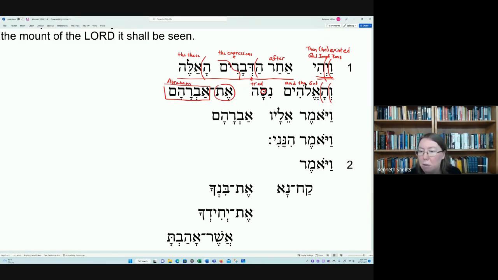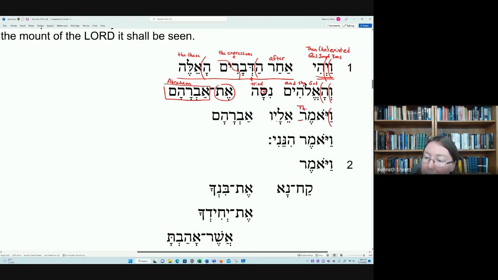And then we have Wayomer elav Avraham, wayomer hineni. So notice, remember what I was saying about the form of amar when it goes to the imperfect, it becomes yomer. That's what we have here with another wow consecutive. So wow consecutive on an imperfect, we have the yod, which is going to be that third masculine. No u-class vowel, so I know that this is going to be third masculine singular.